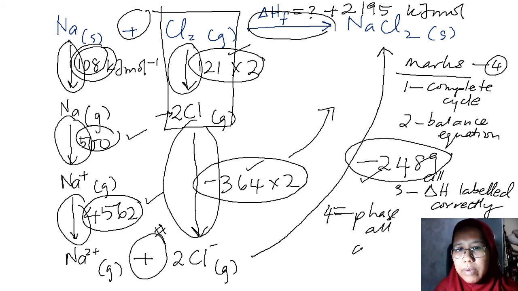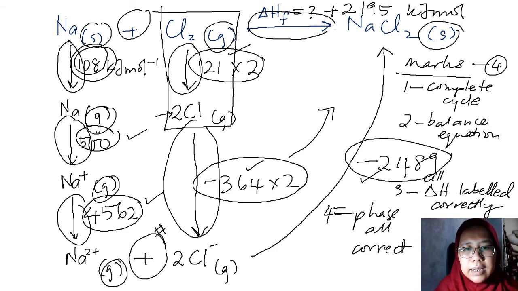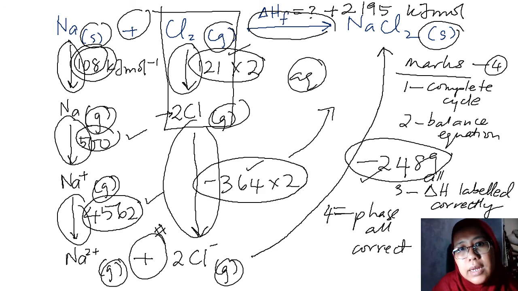All correct. So solid, gas, solid, gas, gas, gas, gas, gas. You must not use what? Students always do this: aqueous. There is no aqueous form in Born-Haber cycle.